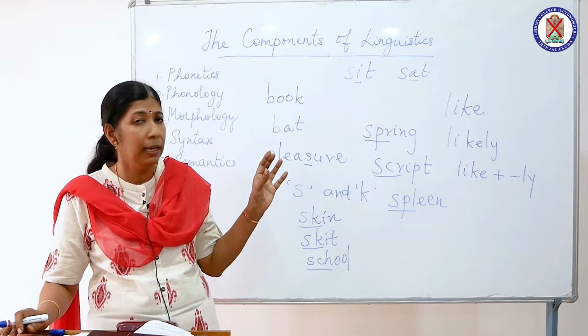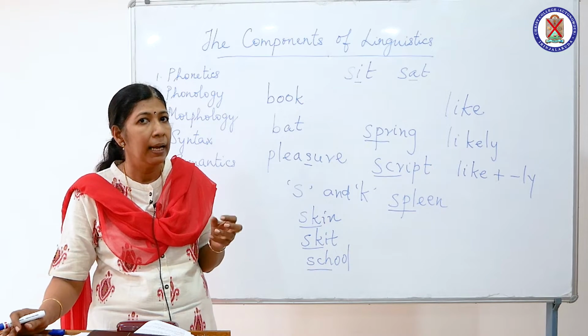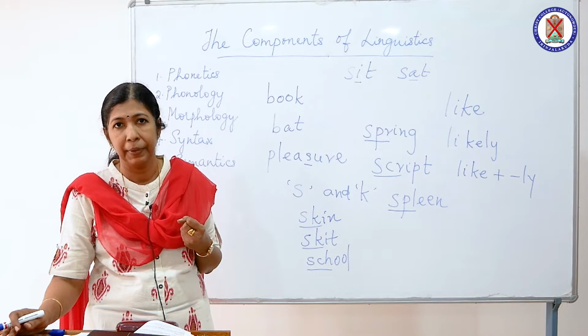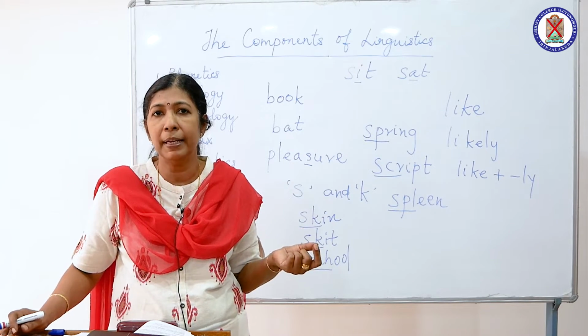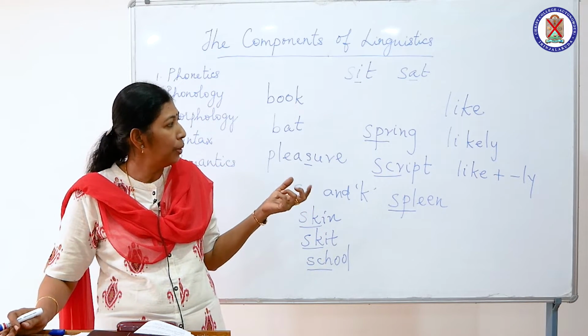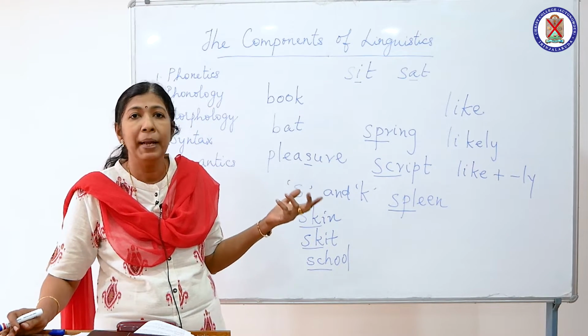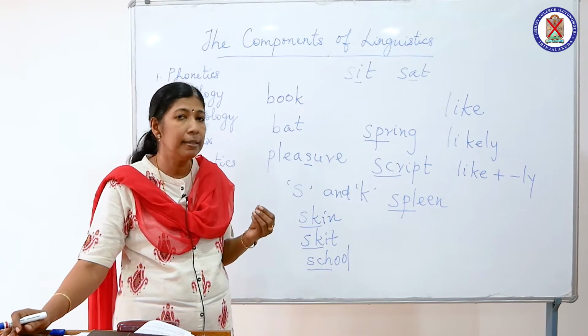What about the unit ly? Now, ly also has meaning. It has grammatical meaning, because when we add the suffix ly to a verb or to a noun, we form an adjective. So ly also carries meaning.